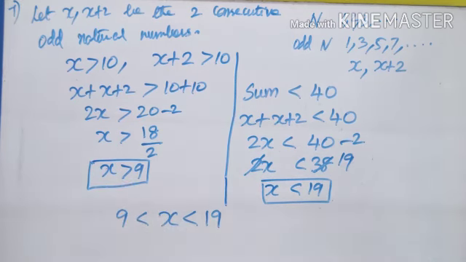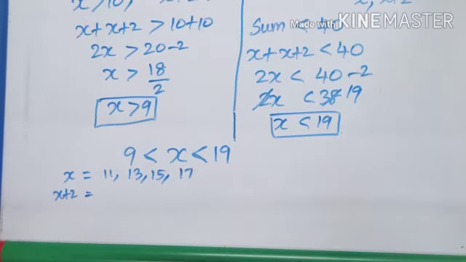So what are the numbers coming up to this value? x is above 9 means x can be 11. Tell me the next odd natural number. 13, 15, 17. I should not say 9 or 19. It is a strict inequality. Now what would be x plus 2 then? x is 11, 13, 15, 17 implies x plus 2 would be 13, 15, 17, 19.